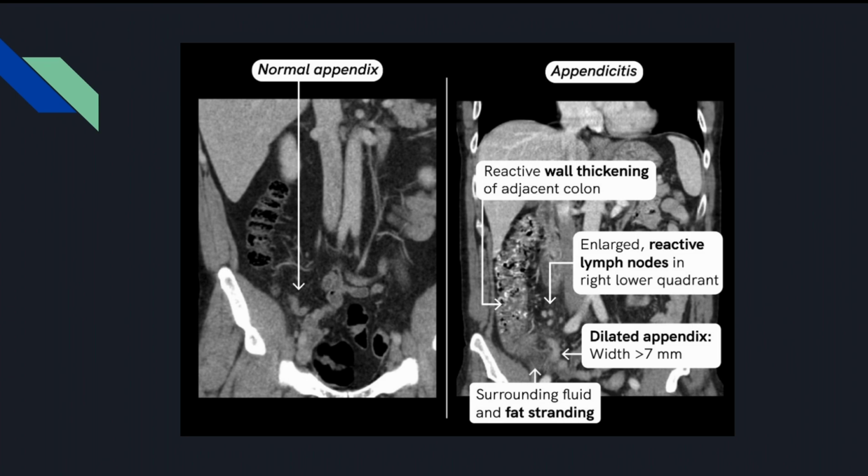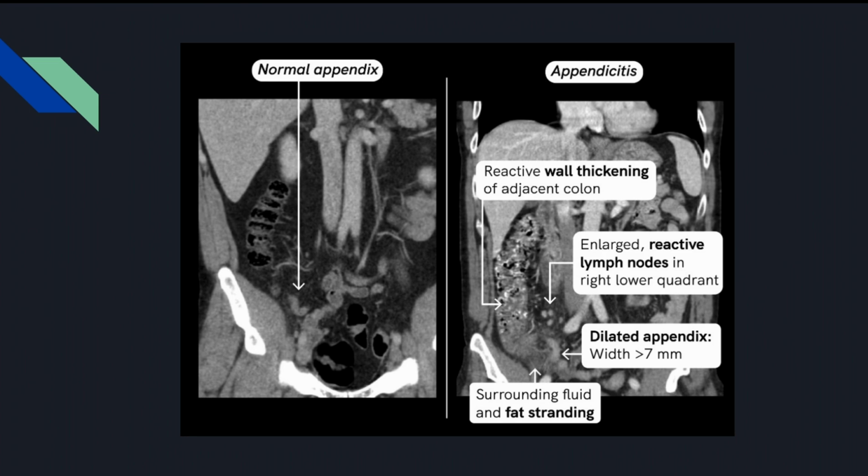Now, this is an example of what a CT scan might be used for: the appendix on the left and then appendicitis on the right. A major reason why I wanted to do CT scans for my project is because right before this class started, actually in July, August, I got appendicitis.